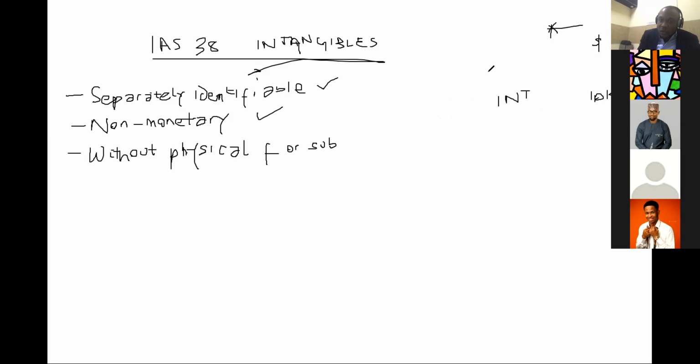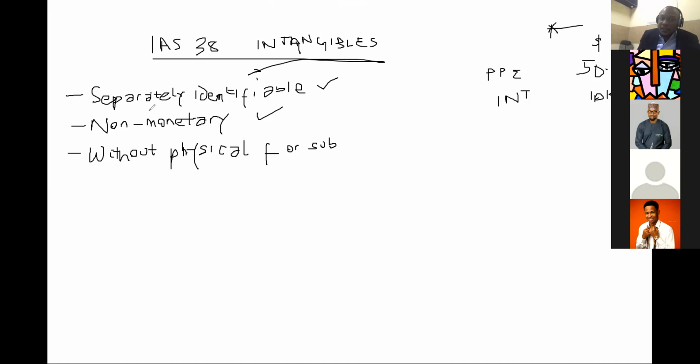So you had your PPE, for example, maybe 50.76 billion. Then you have intangible and you say, I don't know, because you say non-monetary means that it doesn't have monetary value. That's not what it means.